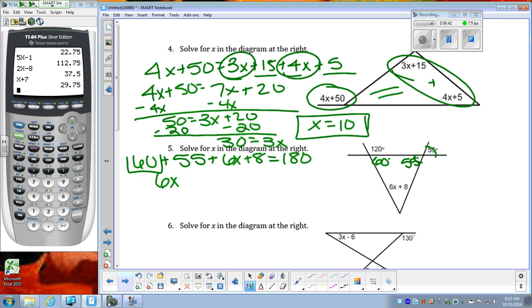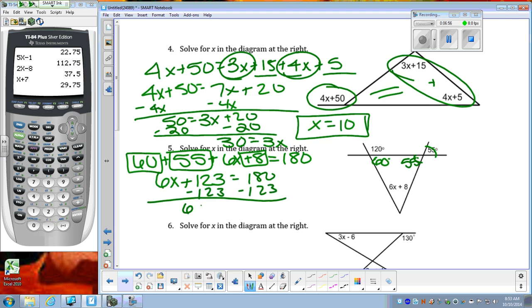So 6x plus 123 equals 180. Subtract the 123. So 6x equals 57. Divide by 6. I get that x is 9.5.